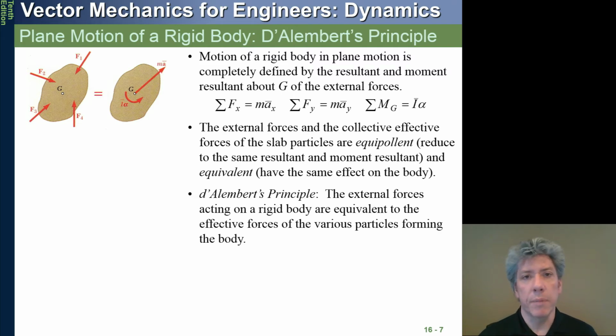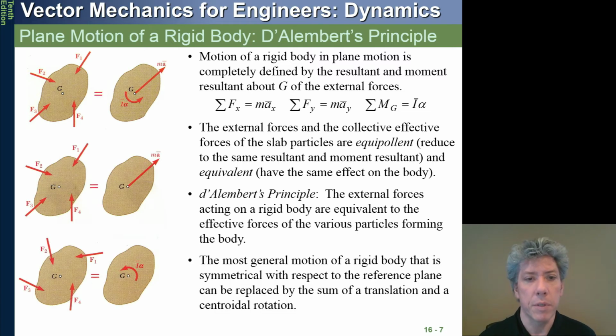So basically, D'Alembert's principle is really just that the external forces, F1 through F4, can be summed up into a dynamic force, essentially the mass times acceleration on the other side of the equation, and it's either an effective force or you could call it a dynamic force.